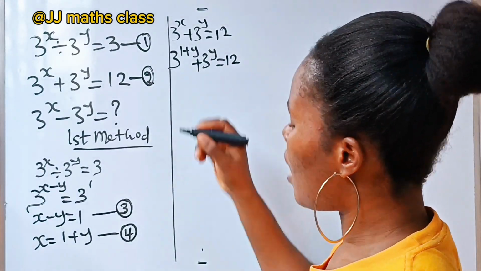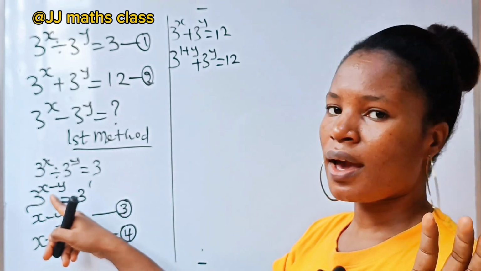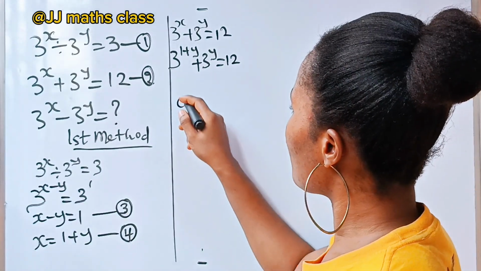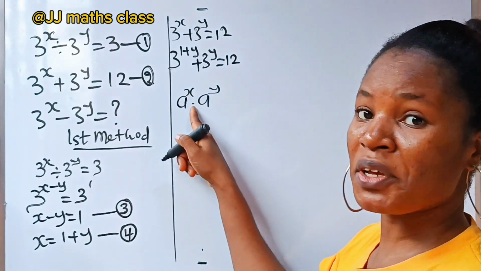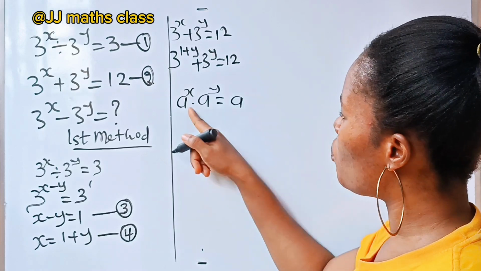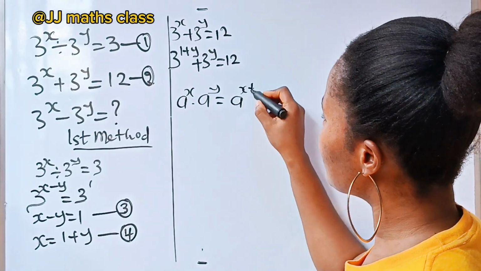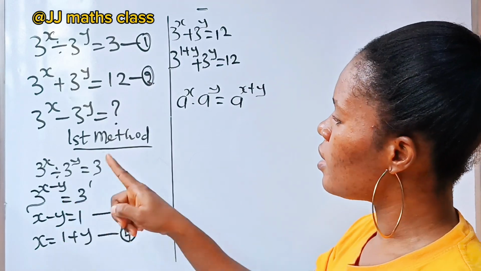Now there is this law of indices, the opposite of this one. It states that a to the power of x times a to the power of y, multiplication this time, same base, is equal to a, you pick one base, then you add the powers. When you see subtraction, it is division.